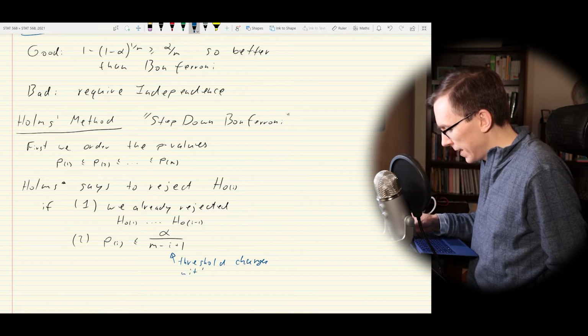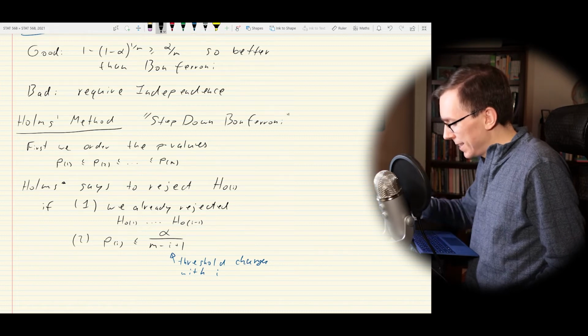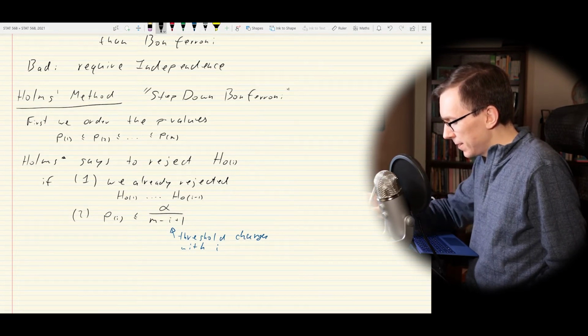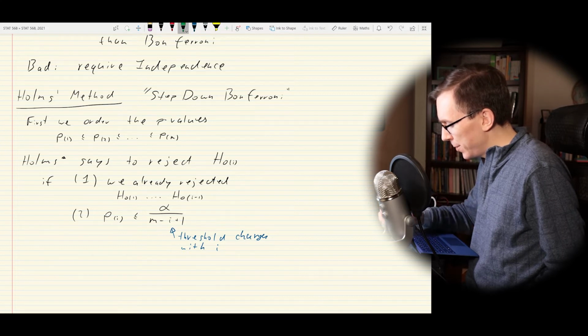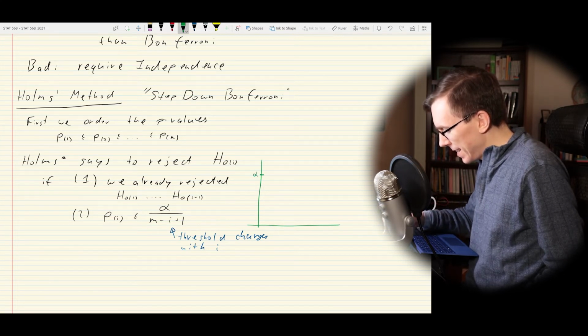Okay, so the point is that here the threshold, or test size, changes with i. You can actually plot this out if you want. Let's do this in green again. Here, let's say we have alpha, and down here we have alpha over m.